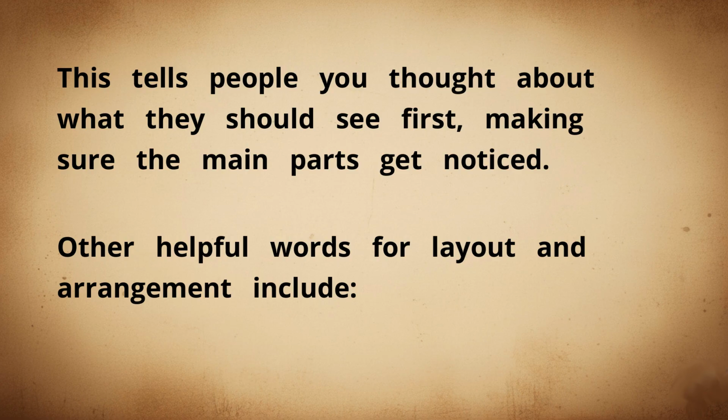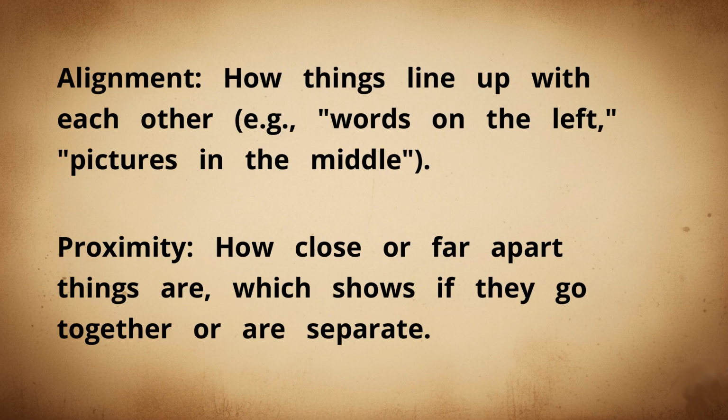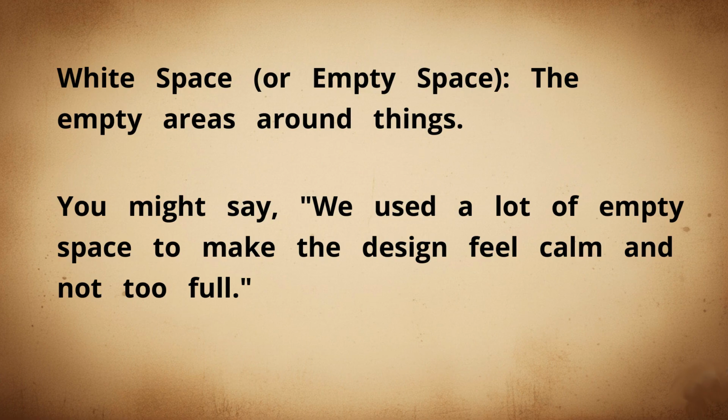Other helpful words for layout and arrangement include alignment, how things line up with each other, e.g., words on the left, pictures in the middle. Proximity, how close or far apart things are, which shows if they go together or are separate. White space or empty space, the empty areas around things. You might say, "We used a lot of empty space to make the design feel calm and not too full."